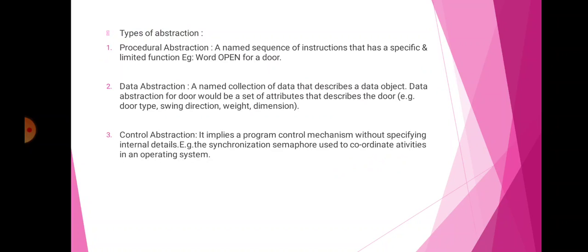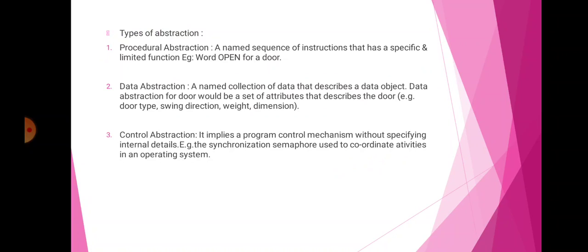Procedural abstraction is a name for a sequence of instructions that has a specific and limited function. For example, the word open for a door implies a long sequence of procedural steps, for example, walk to the door, reach out, turn knob, pull door, etc.